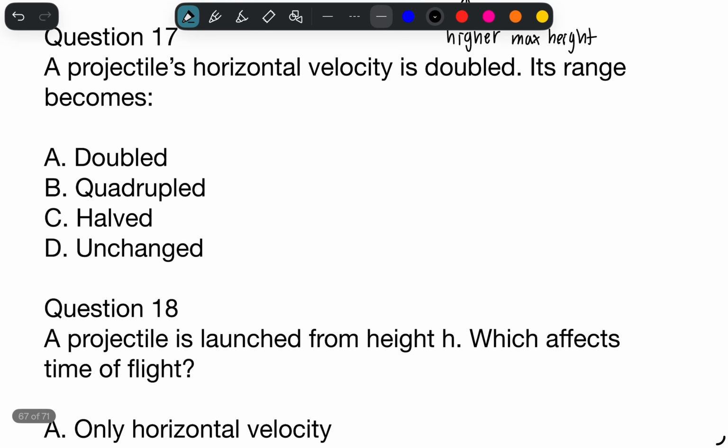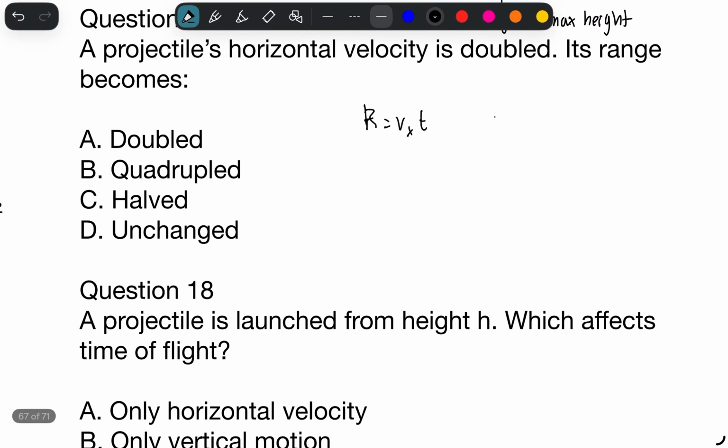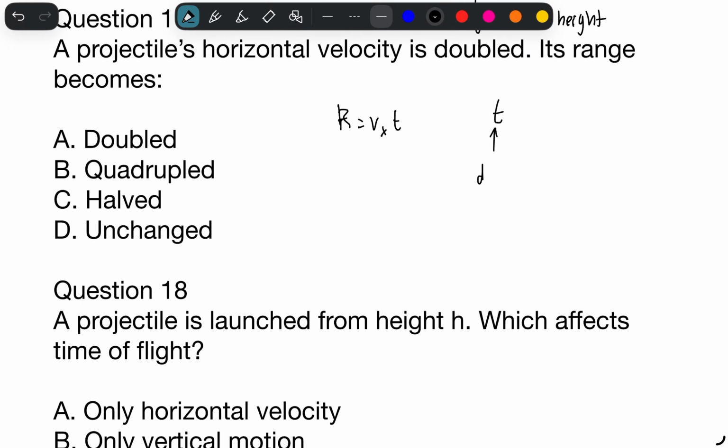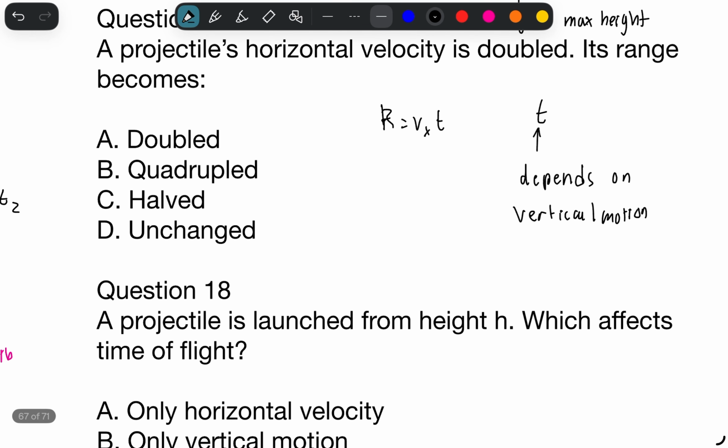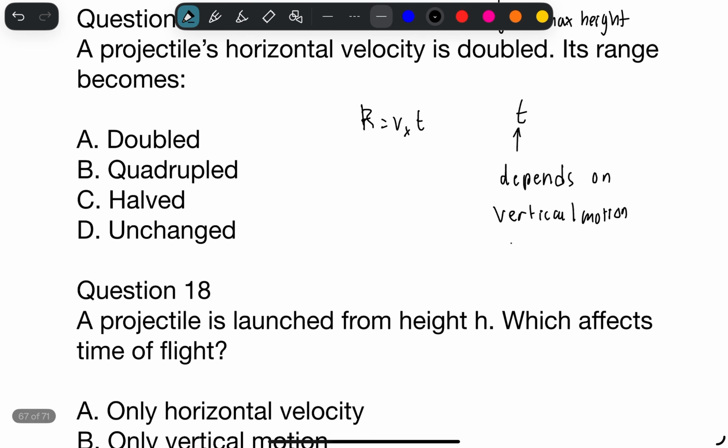A projectile's horizontal velocity is doubled. Its range becomes what? Well, our range is Vx times t. But our time depends on our vertical motion, and this doesn't change.